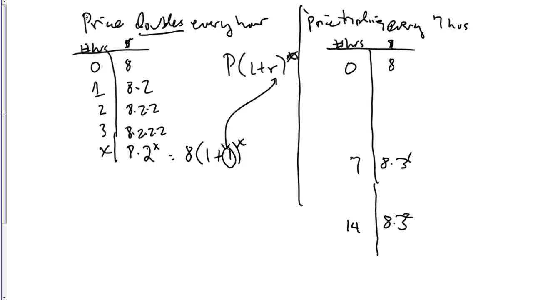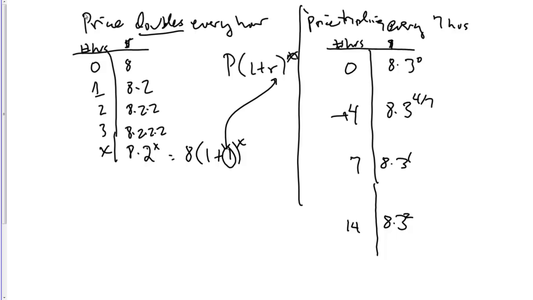What if we wanted to ask, how much can we predict the price will be after 4 hours? Well, we went from 8 times 3 to the 0 power to 8 times 3 to the first power in 7 hours. This is 4/7 of the way. So a good guess is that this would be 8 times 3 to the 4/7 power, whatever that might mean, or at least it would lend some credence that 3 to the 4/7 power could have some meaning in that situation.